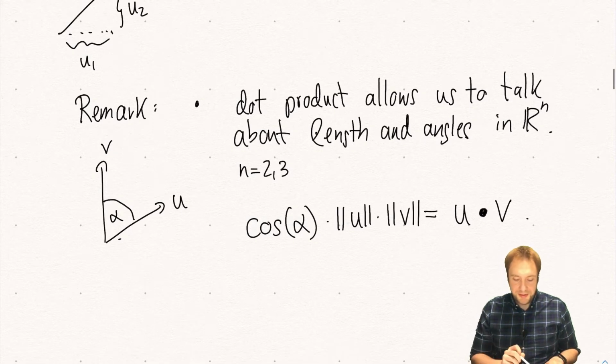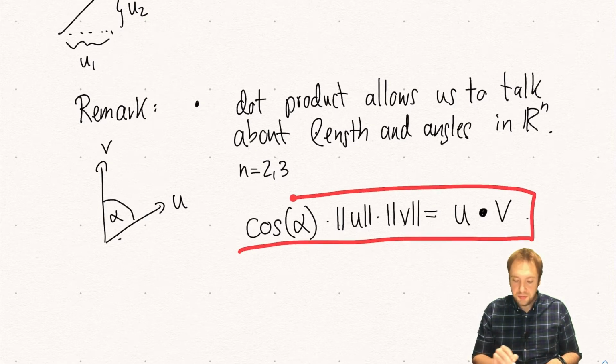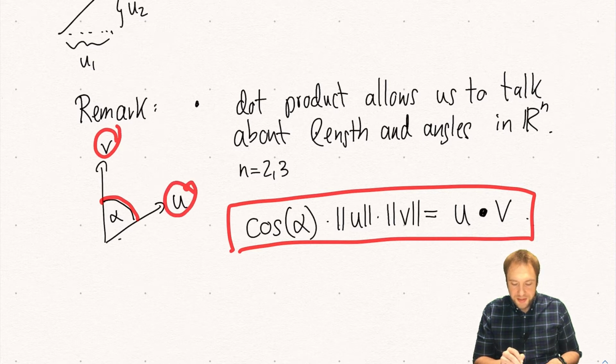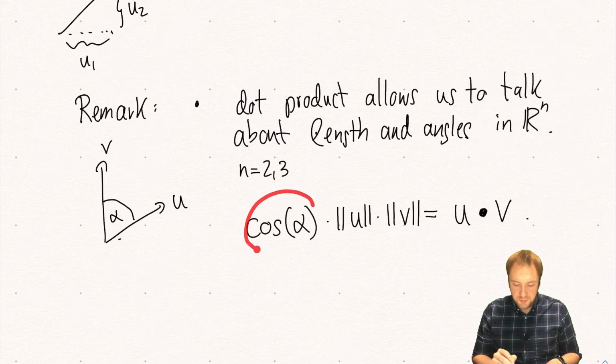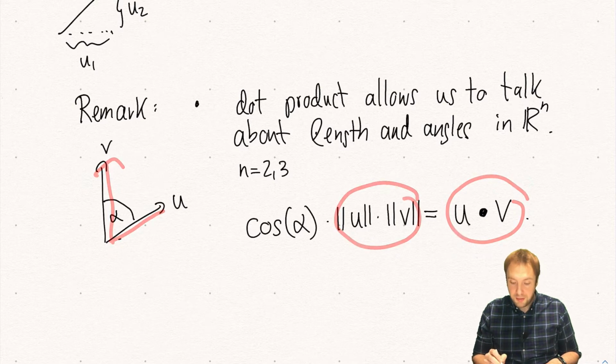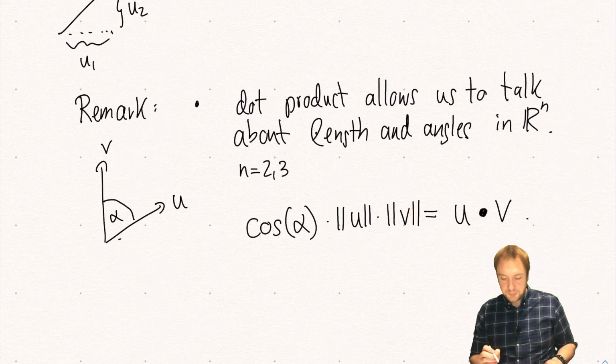So maybe if you are bored and you have time, you can check that in R2, if you start with some vectors v and u, and you calculate this angle here, then the cosine of this angle is given exactly by taking the dot product of these two vectors and dividing by the product of the norms of these two vectors.